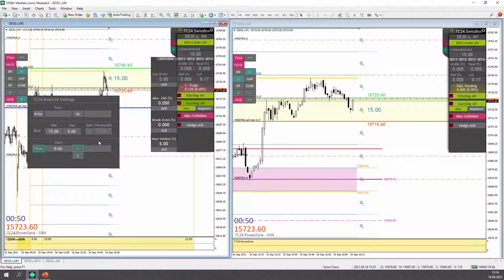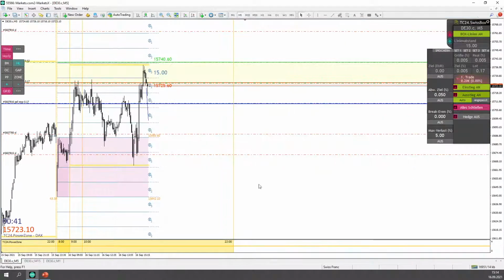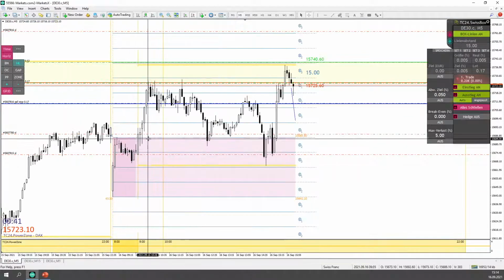But there are others who would like to use a time interval, for example, using the pre-market range from 8 to 9 to place this type of grid.